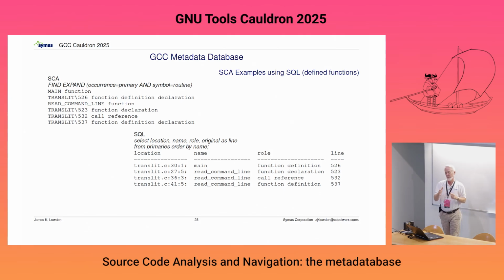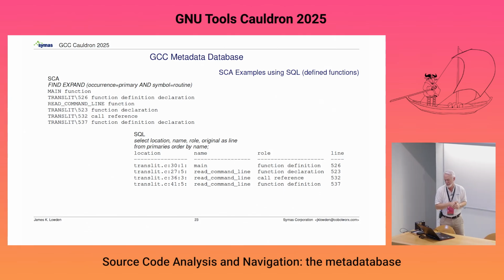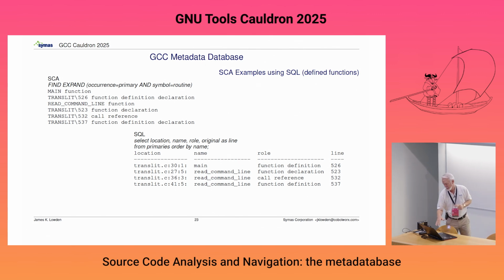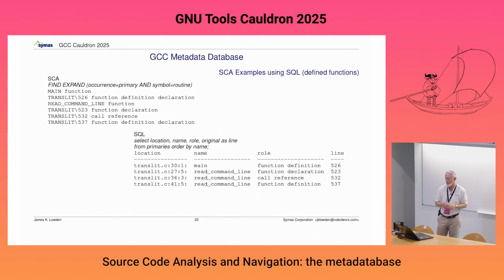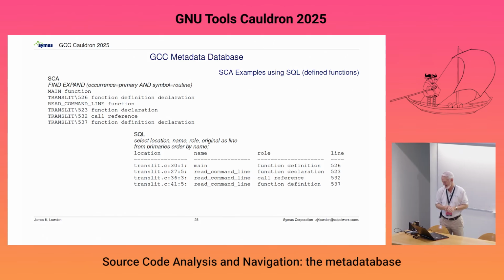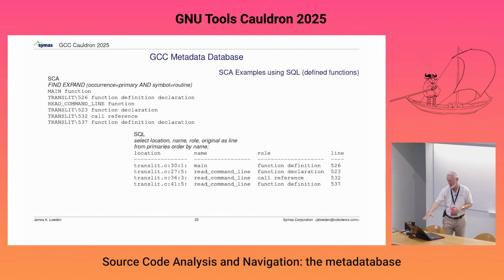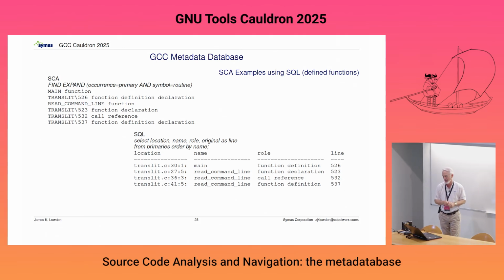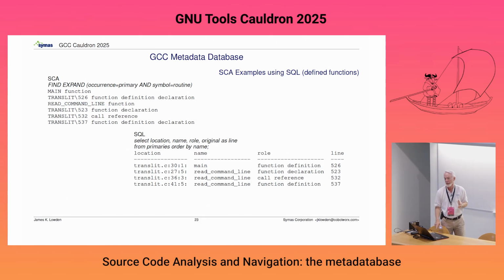This was Digital's version of how you ask that question. It's rather straightforward to define a view called primaries and simply query that. So we see 4 answers from them and 4 from ours, where we've got definitions, declarations and calls delineated.